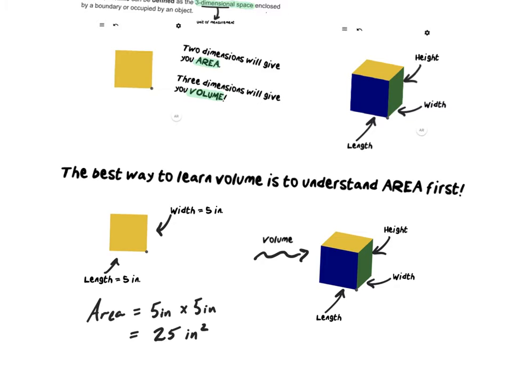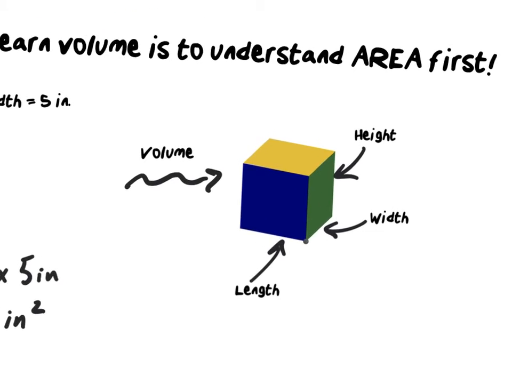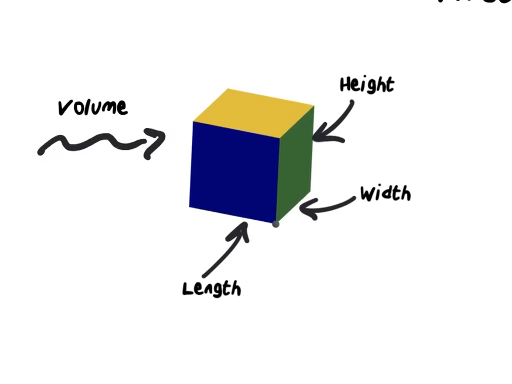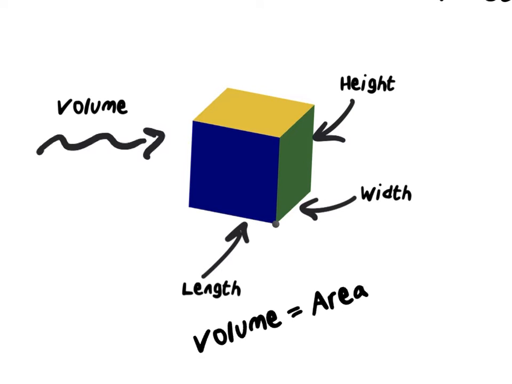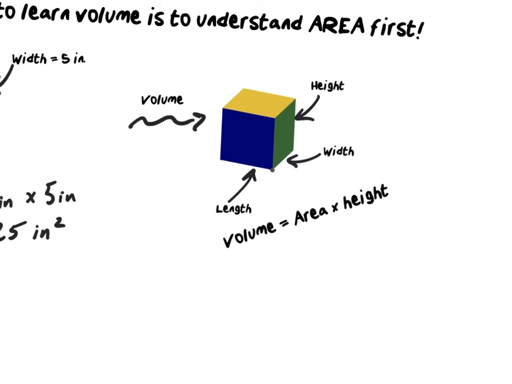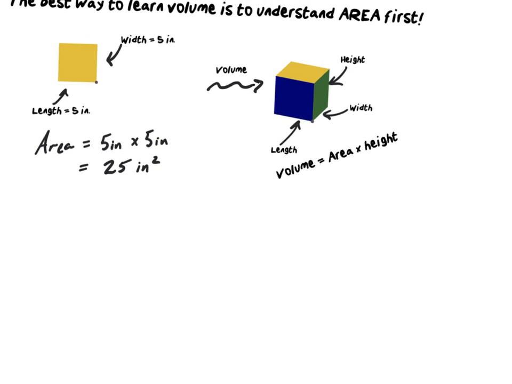Very important, to find the volume of this cube, what you'll want to make sure you multiply is the area times the height. The good thing about this is we already found the area earlier, and the area was 25 inches squared. The only thing that we have to do is multiply it times the height, which is up here, and that's also 5 inches.